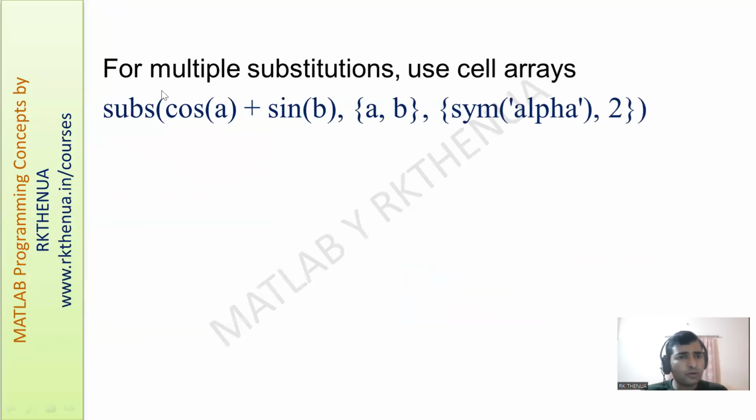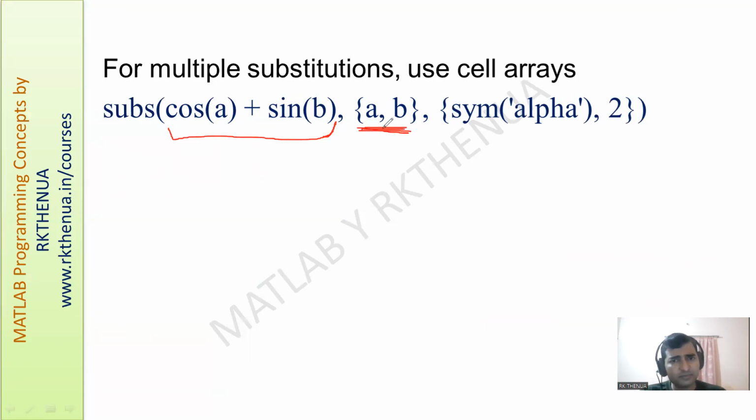If you require multiple substitutions, that is also possible. For that you have to use these curly braces, the cell array concept. This is the expression in which you want to perform the substitution operation.